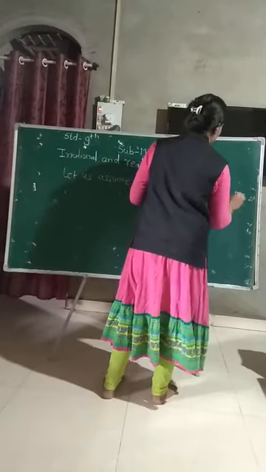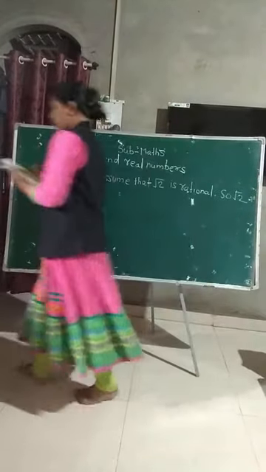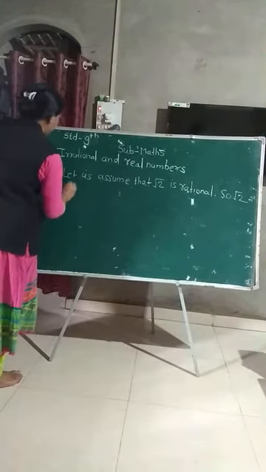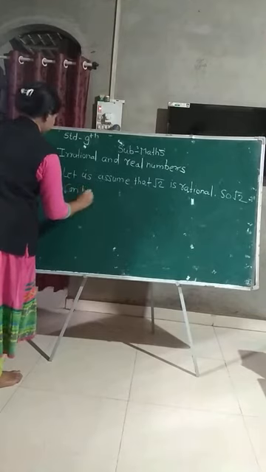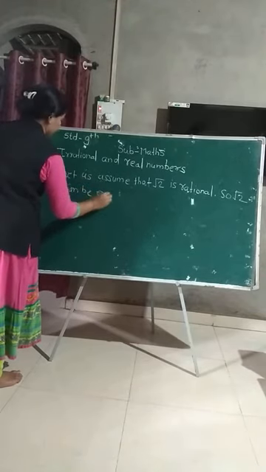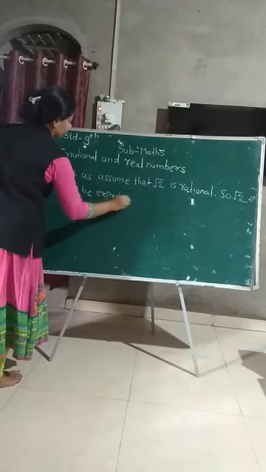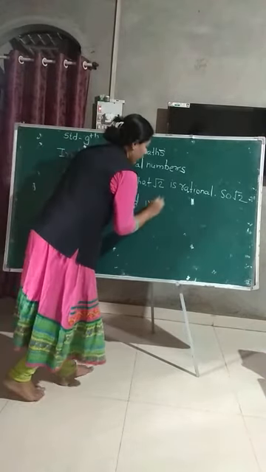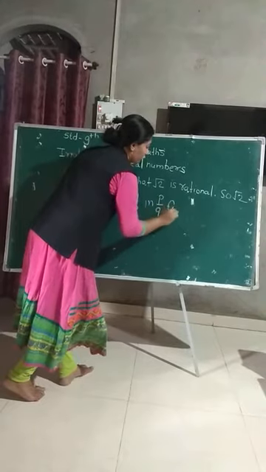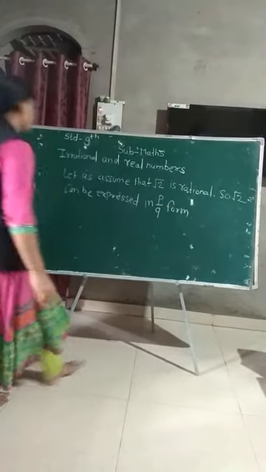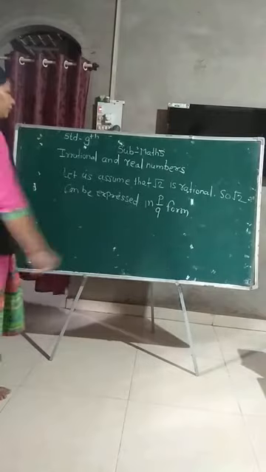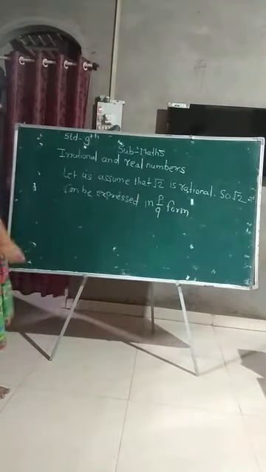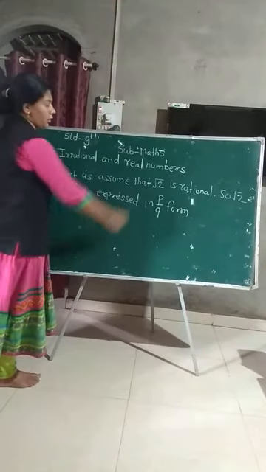So, root 2 can be expressed in p upon q form. If root 2 is a rational number, how do we write a rational number?